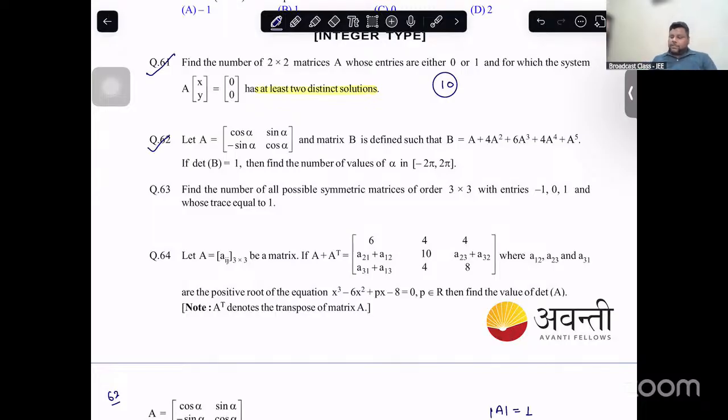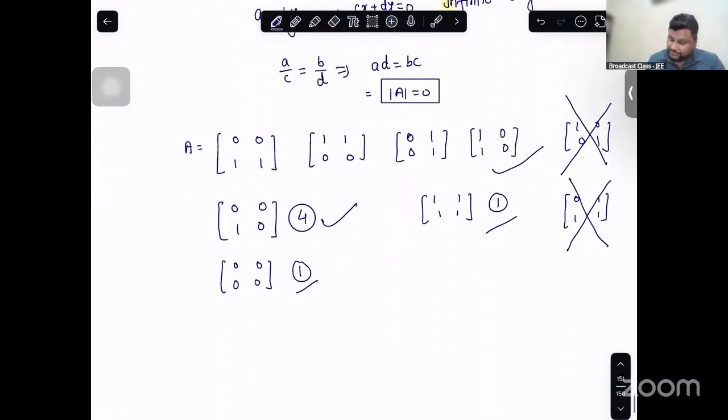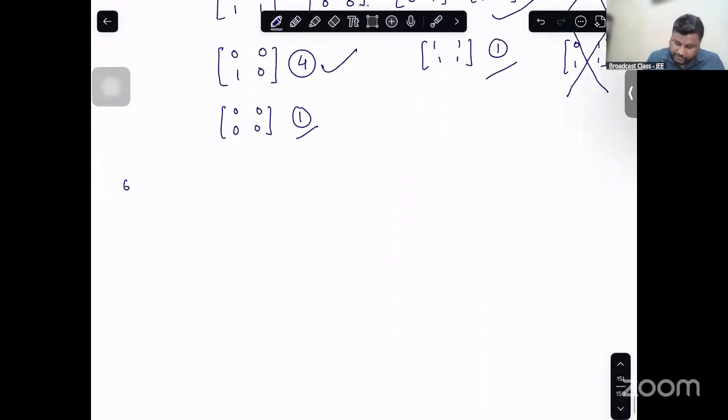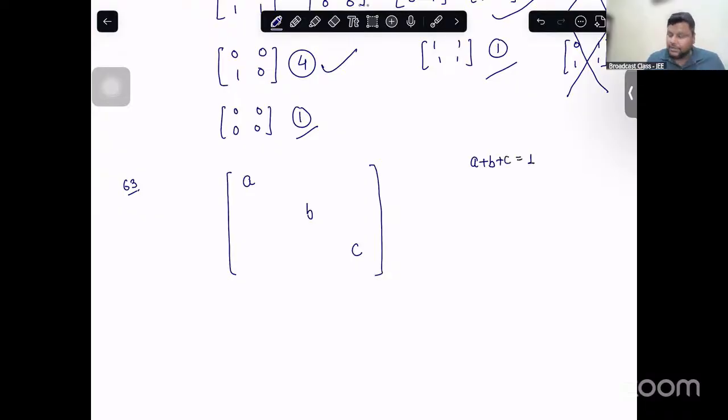Now, number of all the possible symmetric matrices of order 3 by 3 with these entries. Now see, this is question number 63. Since you are trying to make a symmetric matrix, let the diagonal entries be A, B, C. So they are saying A plus B plus C is 1. How can you make A plus B plus C 1? With -1, 0 and 1.